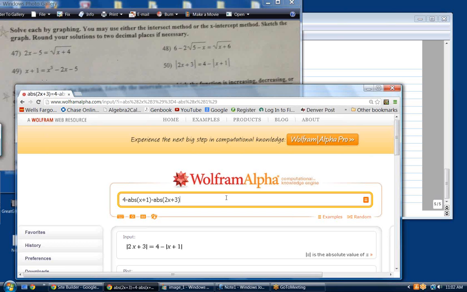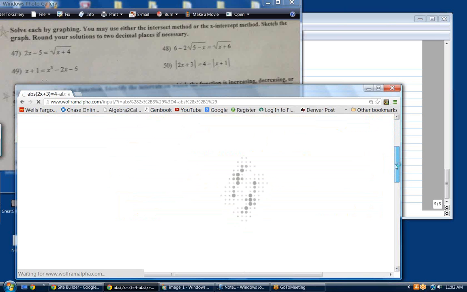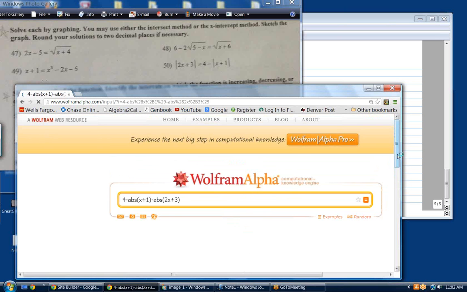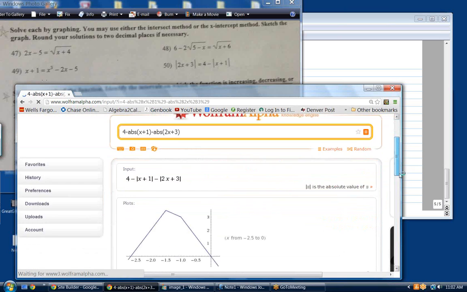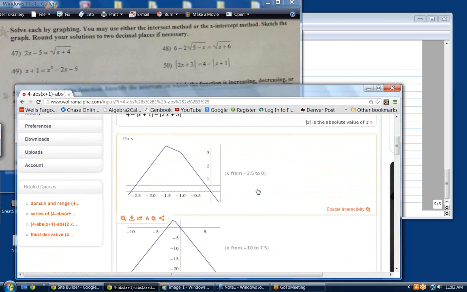So this will give me only one function. There is no imaginary part, just a real part. So wherever this function crosses the x-axis is my solution. Well, there's the minus 2.66, and there's the 0.